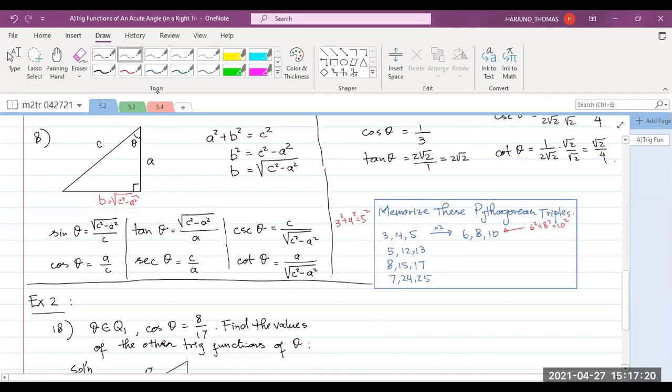Now let's say instead of multiplying, let me divide by 10. So 0.5, 1.2, and 1.3 is also a triple. 21, 72, 75 is also a triple.